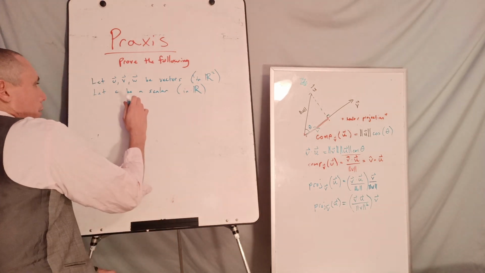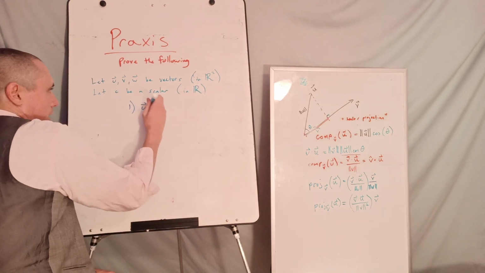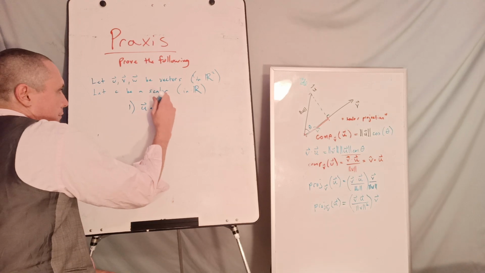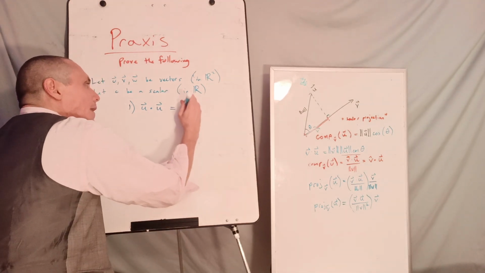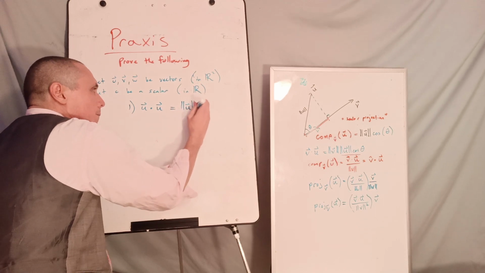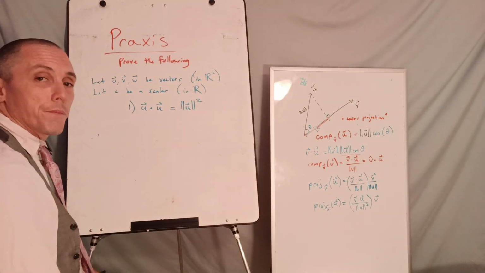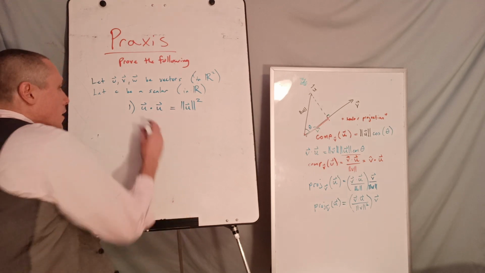Then we have the following. Number 1: if I take a vector and I dot it with itself, what do I get? I actually get its magnitude squared, its norm, its length squared. Can you show it?